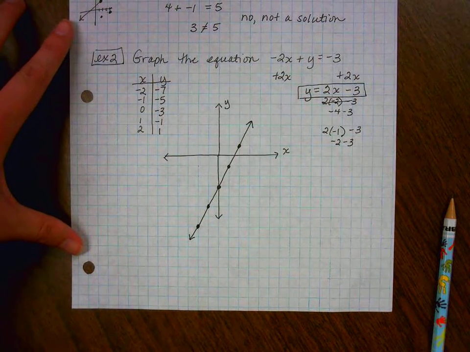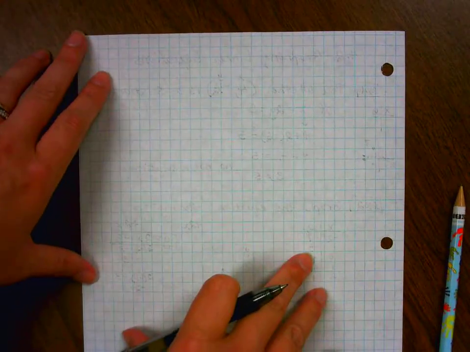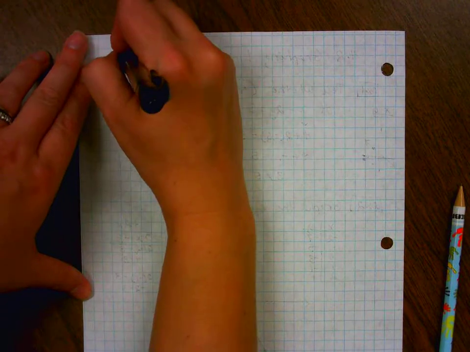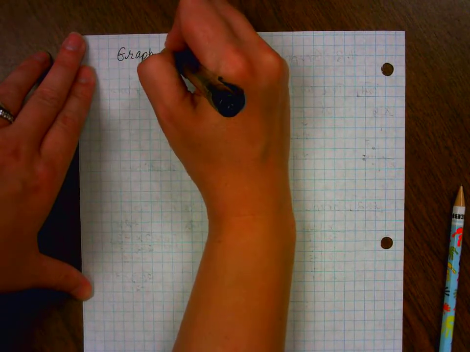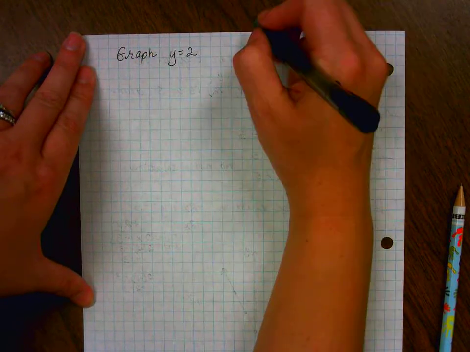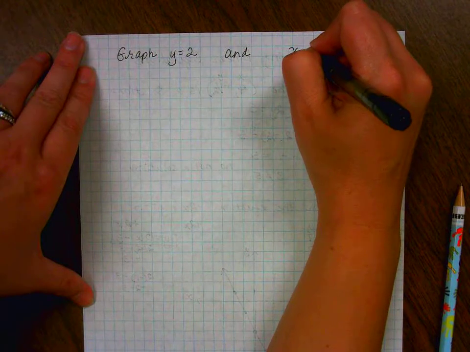All right. So now there are some special types of lines that we need to go over. We're going to graph y equals 2, and then we're going to graph x equals negative 1.